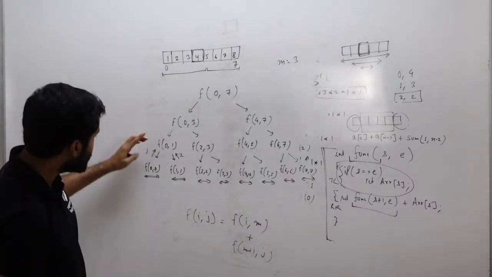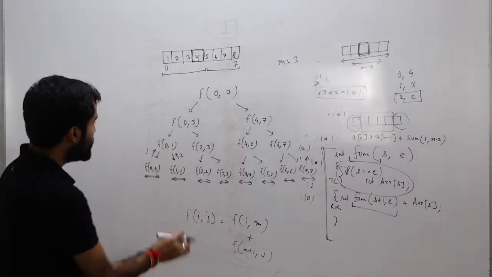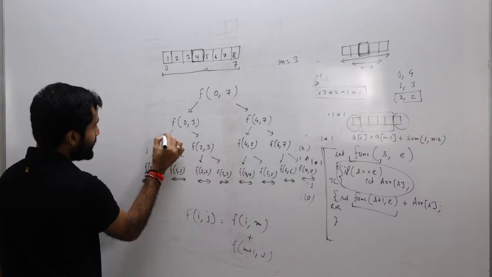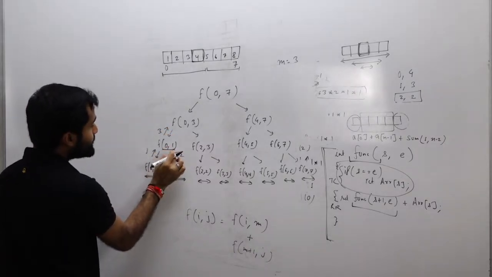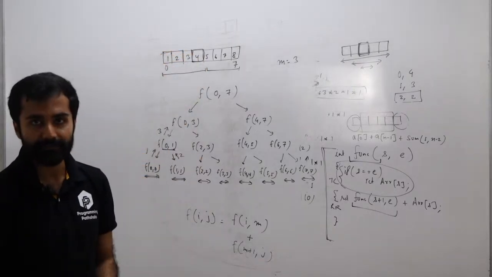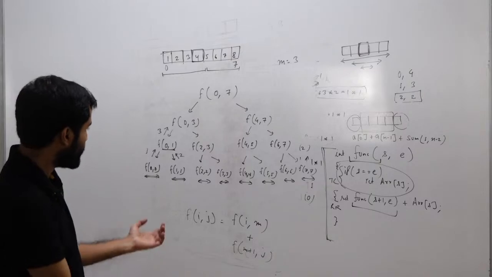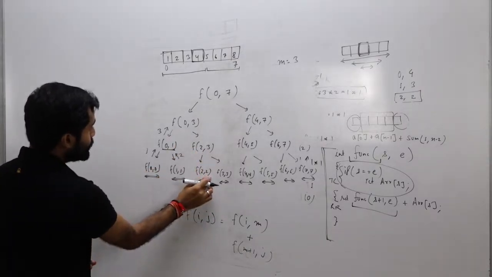So this got 1 from here, got 2 from here. When it does 1 plus 2, that will be 3. So the answer of this will be 3 and it will return that. Now it is doing its work perfectly well, because from index 0 to 1, the sum really is 3. Correct?